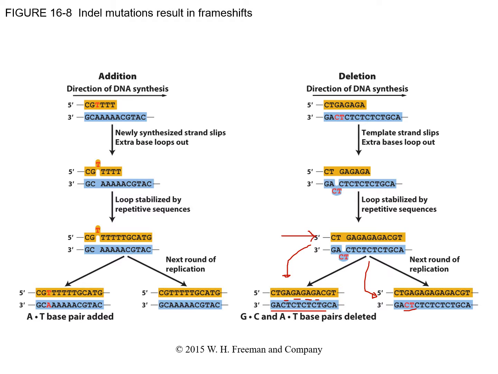It was just in a bubble and misconstrued, and so during replication, it has all 5 of those original CT pairs. So in this cell that used that bubbled one, we have no deletion, but in the synthesized strand that did not have the bubble, we see a deletion of those CT.